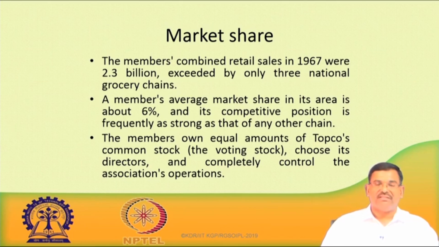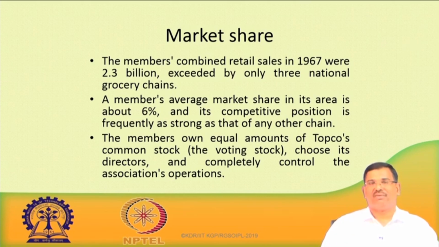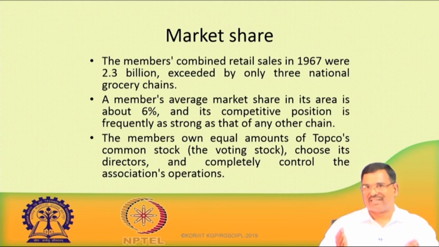Here in 1967 itself, their market share was 2.3 billion. That means they are fourth, exceeded only by 3 other national grocery chains. So, definitely they have market power under the competition law.